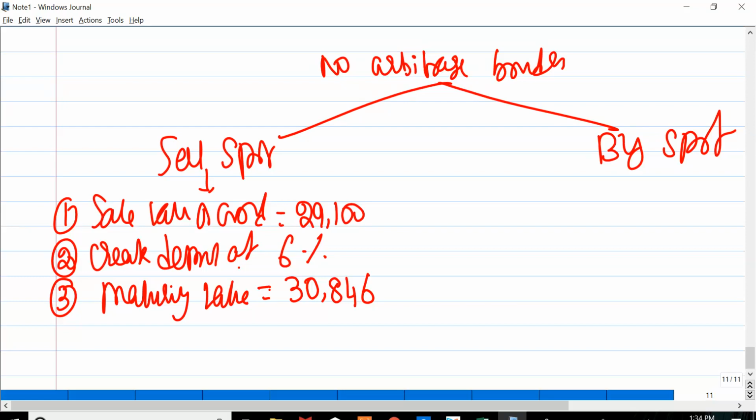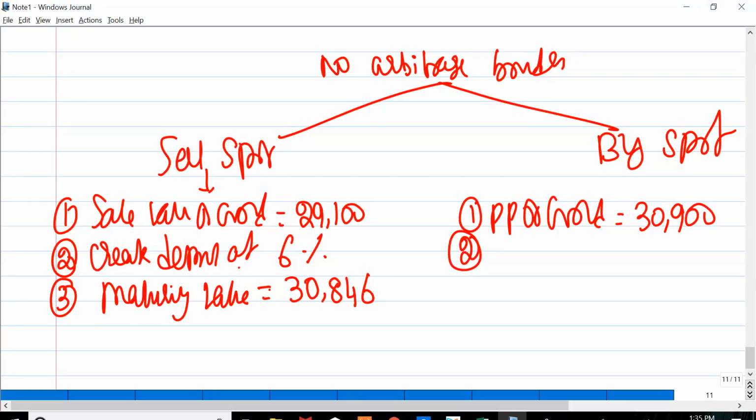Buy spot. Point number 1. Purchase price of gold. How much? 3,900. This 3,900 would have come out of what?